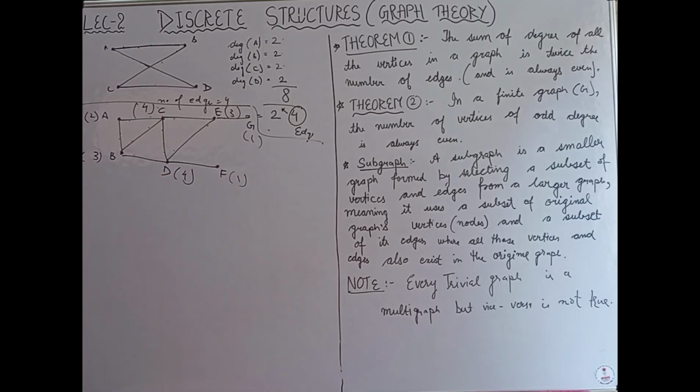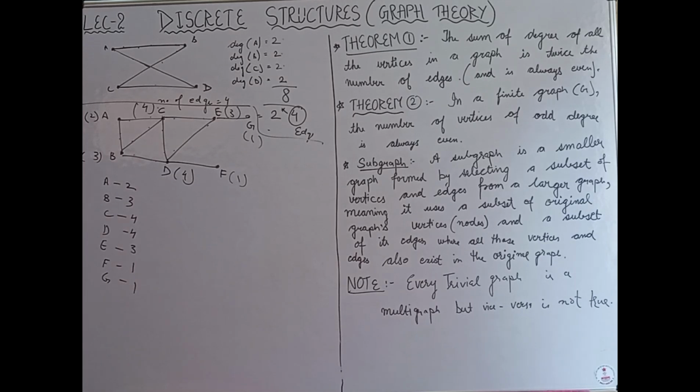So let's first of all write the degrees of all the vertices in a clear manner. Degree of A is 2, degree of B is 3, degree of C is 4, degree of D is 4, degree of E is 3, degree of F is 1 and degree of G is 1. So you can see the number of vertices with odd degree. What do we mean by odd degree?